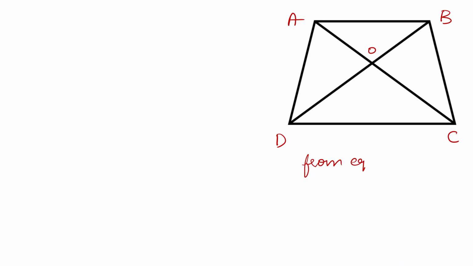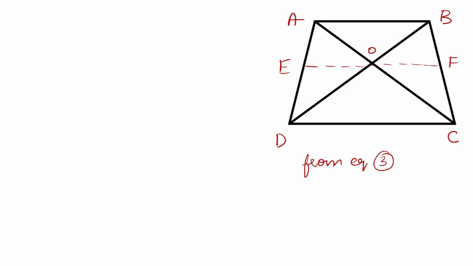So let's just proceed with the proof. Consider the same figure and mark the respective points A, B, C and D, and this point is O. There is a line EF, which I forgot to draw earlier, which is parallel to AB and DC.